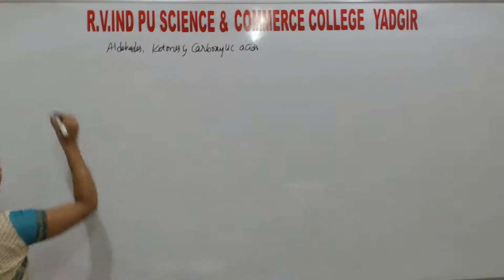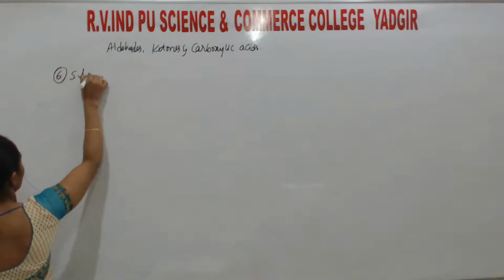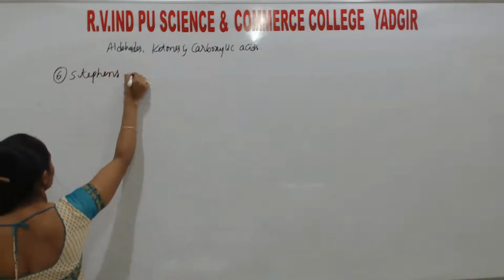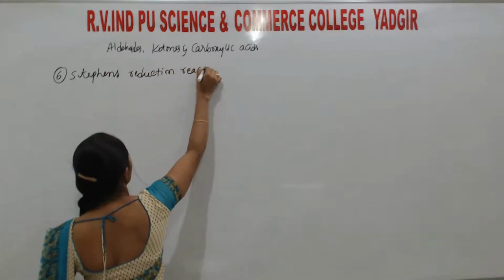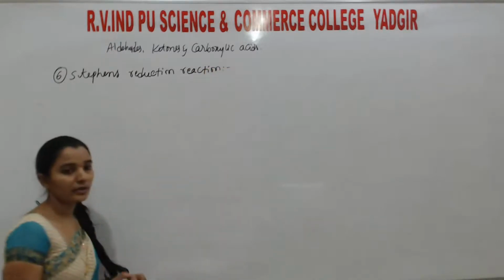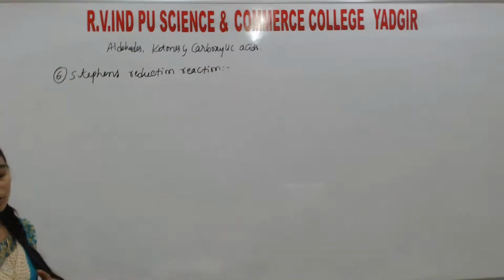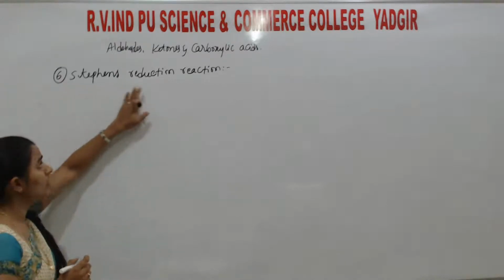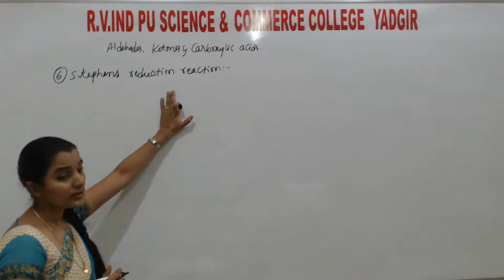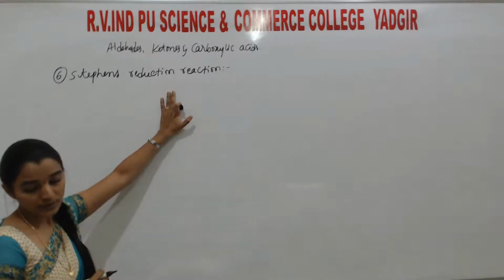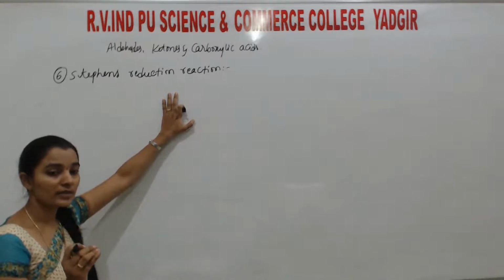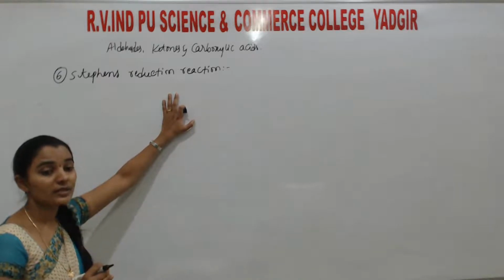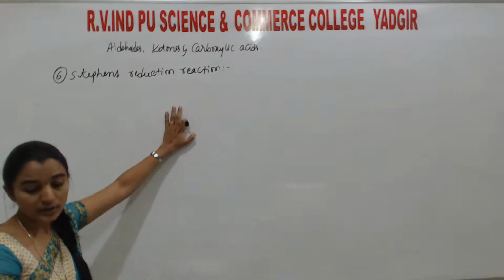So it is the sixth one. So what is this Stephen's reduction reaction? Here students, we are using stannous chloride, SnCl2, in presence of HCl acid as reagent. SnCl2, stannous chloride, in presence of HCl. Which type of HCl is it? Concentrated HCl.